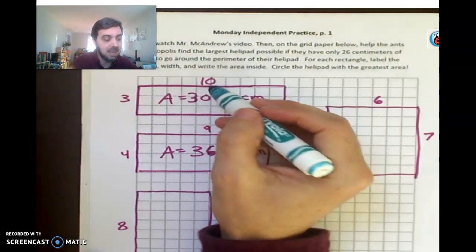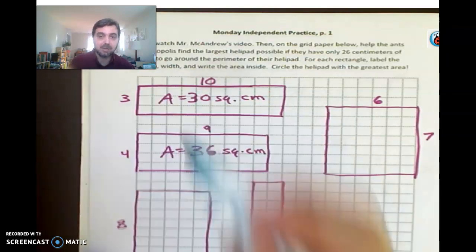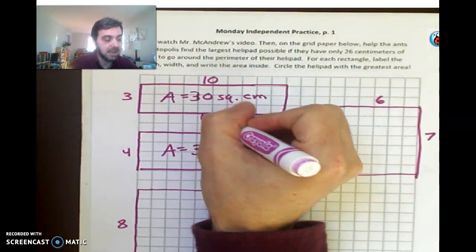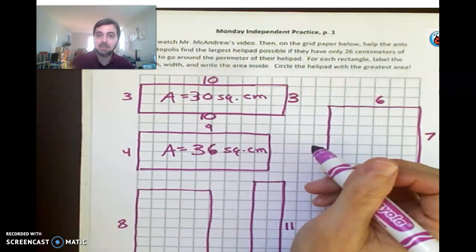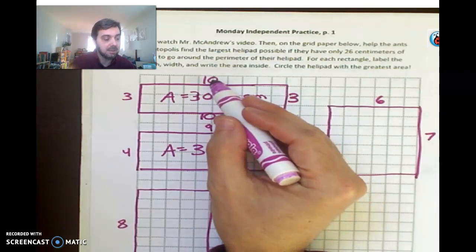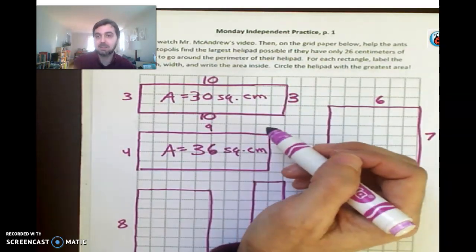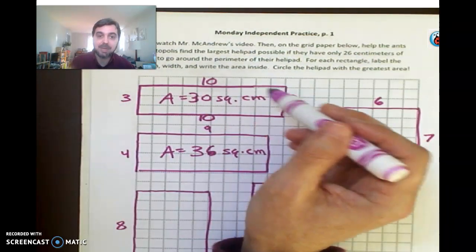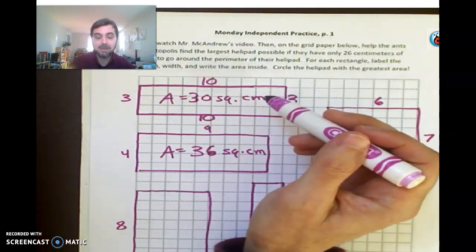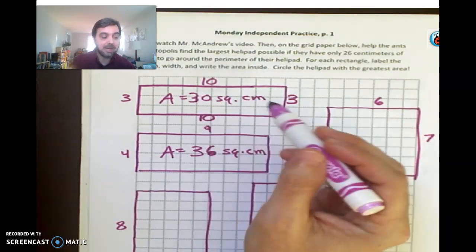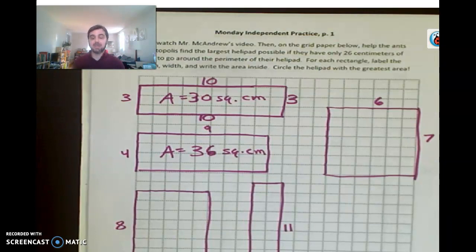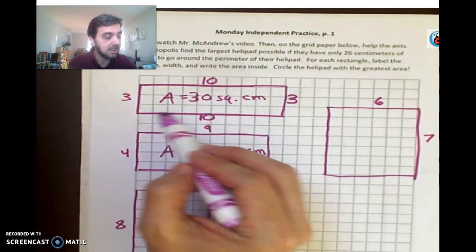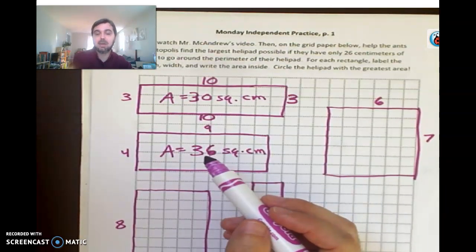Because if I have 10 and 3, I'm also going to have 10 on this side and 3 on this side, so my perimeter will be 10, 20, 23, 26. Or just take the length and the width, add them up to get 13, and then double it. The area for that helipad would be 30 square centimeters because 10 times 3 is 30. You can see we have three rows of 10 square centimeters.